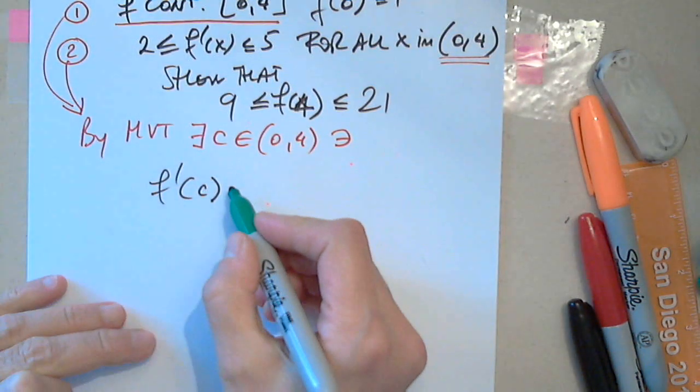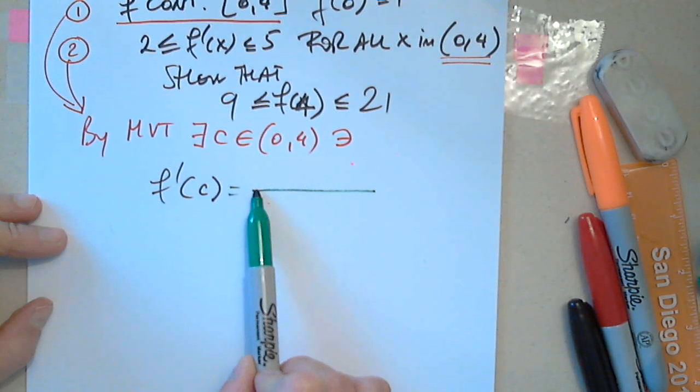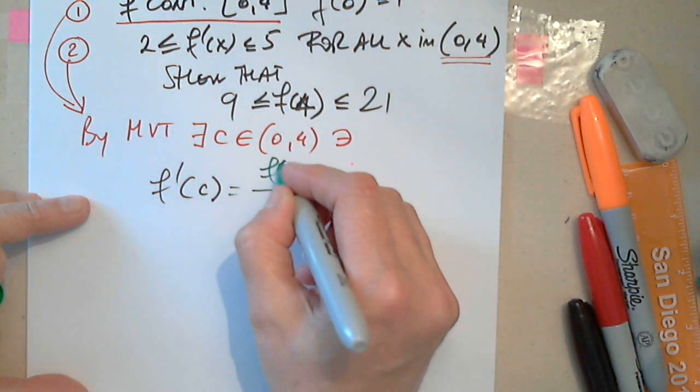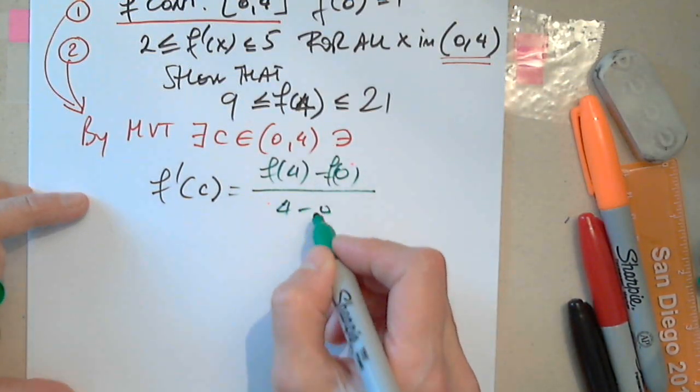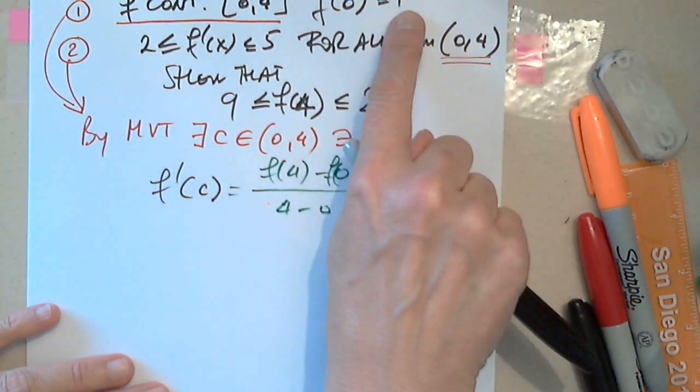Exactly. So this, by definition now, based on the mean value theorem, I will write what? F of 4 minus f of 0, over 4 minus 0. Exactly, that's it. So then, I am told that f of 0 is 1.